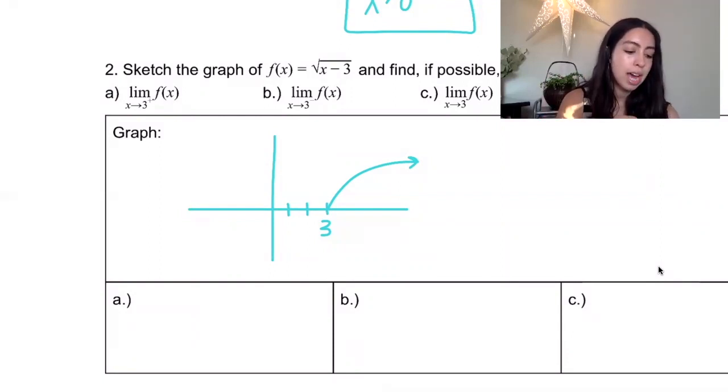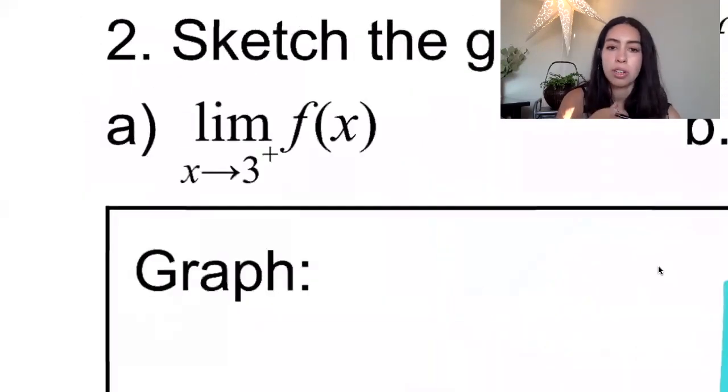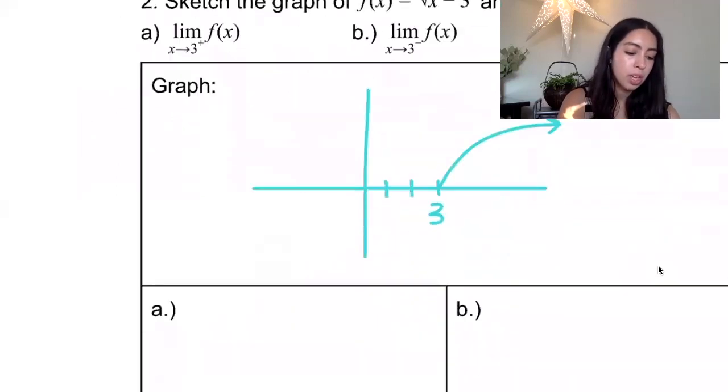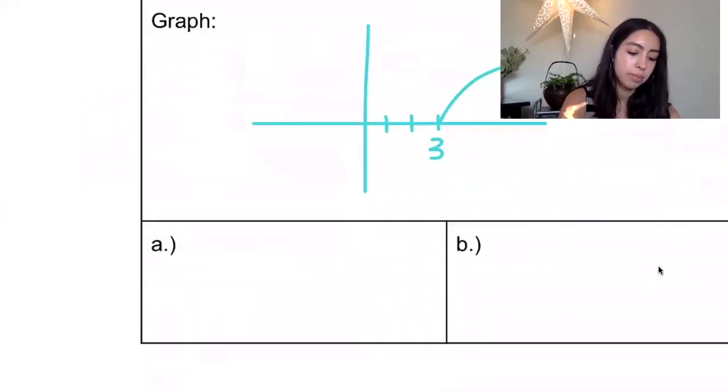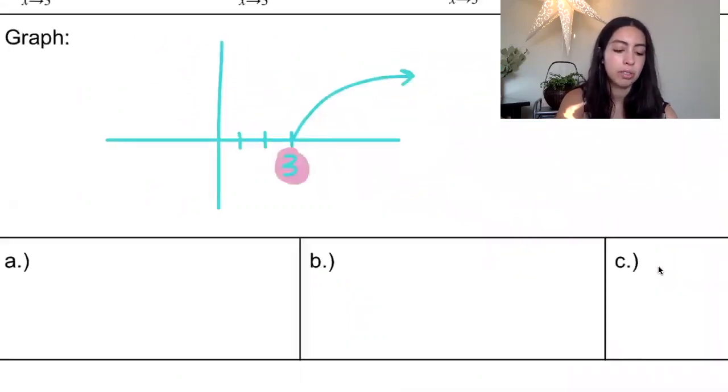So the limit as x approaches 3 from the right, that's how we would read this first part here. The limit as x approaches 3 from the right. So 3 is right here. Okay. And I've drawn my function. So I'm going to follow the path of my function from the right side and approaching 3. And where does my y value end?